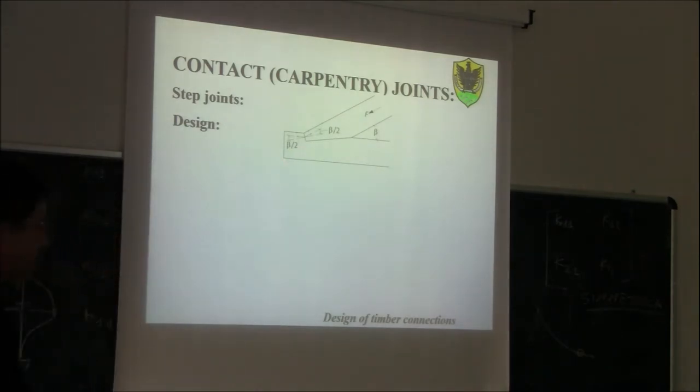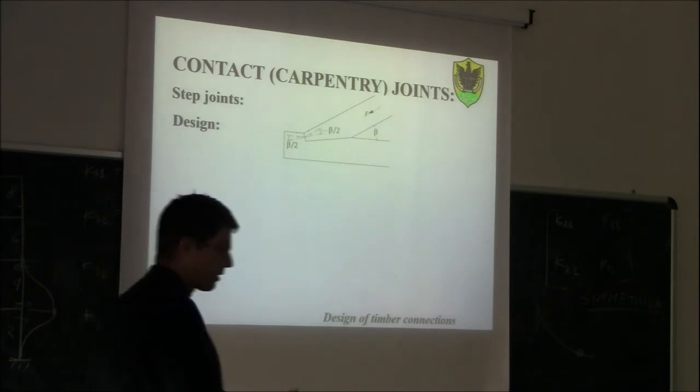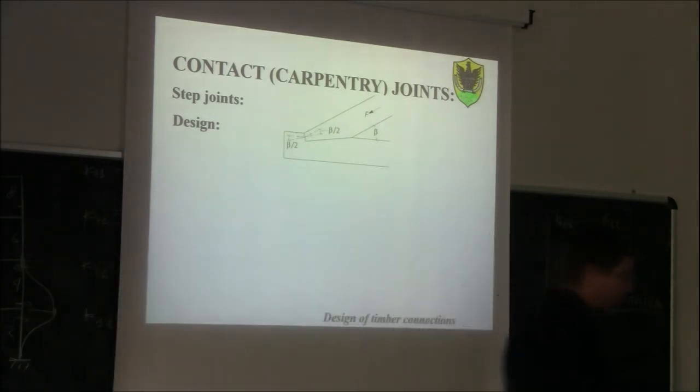So we have compression at an angle to the grain. And of course, for the third principle, the principle of action and reaction, we will also have some compression on the rafter. Also here we will have some compression at an angle to the grain on both carving surfaces.